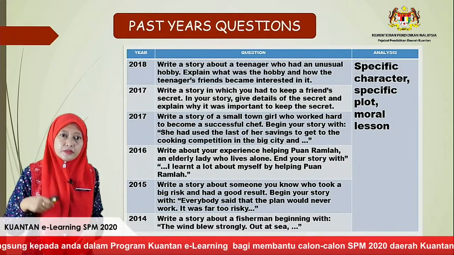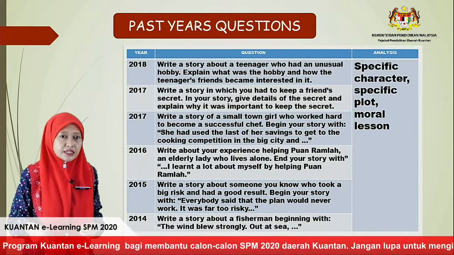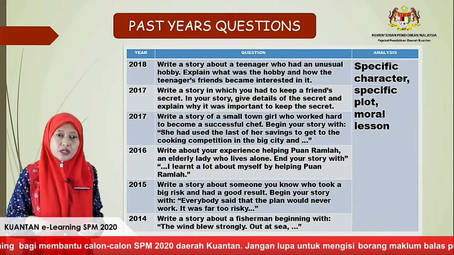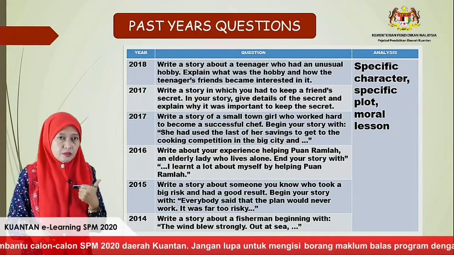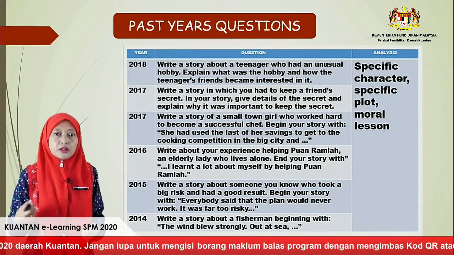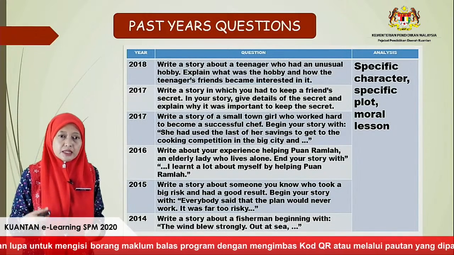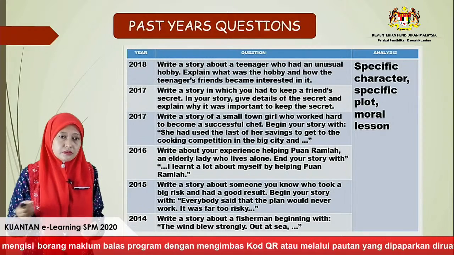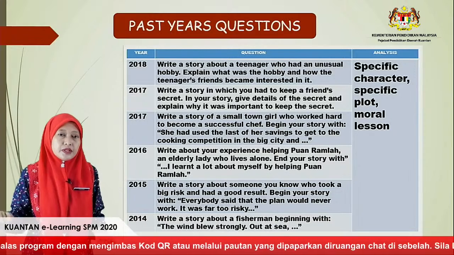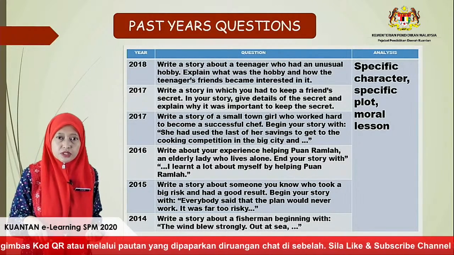Okay, explain what was the hobby and how the teenagers' friends became interested in it. And then the next requirement with the explanation about the hobby. So this one is the descriptive part. You explain about the hobby, you describe, and also the reflective one, how your friend or the teenager's friend now involved in the hobby as well, became interested.